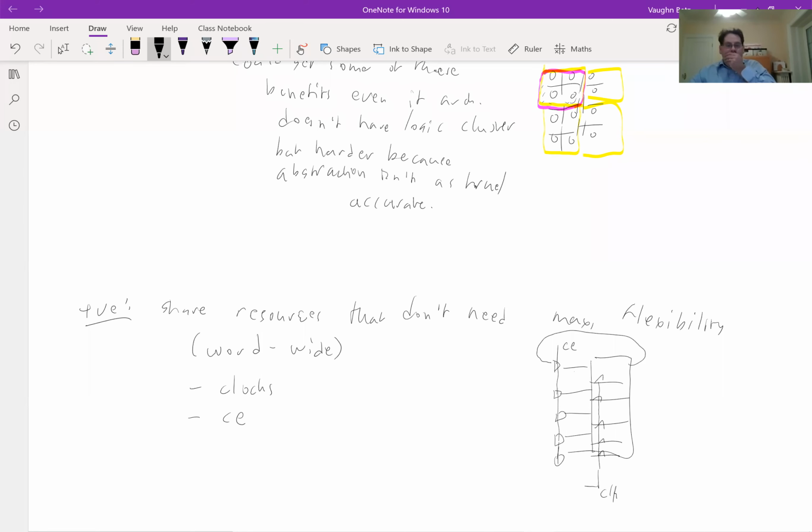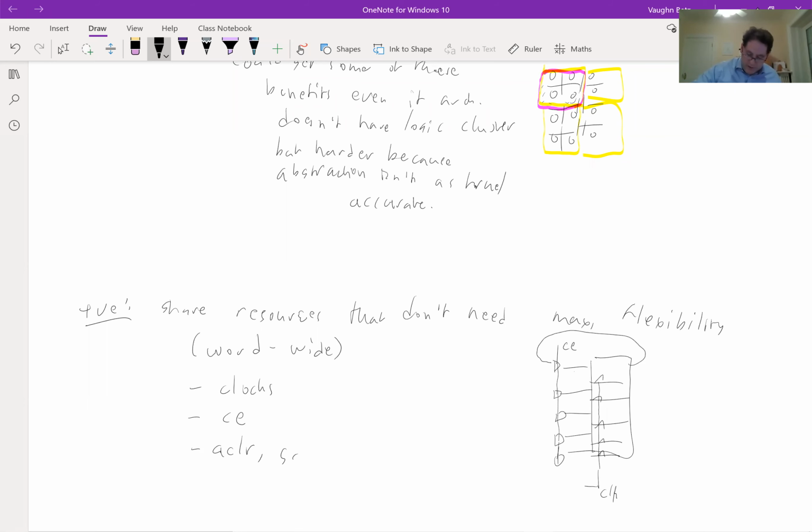So in lab 1, you had 16-bit data words, and you had logic that would say, I either want to update this data word or I don't. But you didn't have logic that would say, I want to update bit 3 of this data word, or not, but maybe I want to update bit 4 at a different time. That's rare. So clock enable also tends to be word wide. Its fan out is less than a clock, but still significant. You don't need as much flexibility.